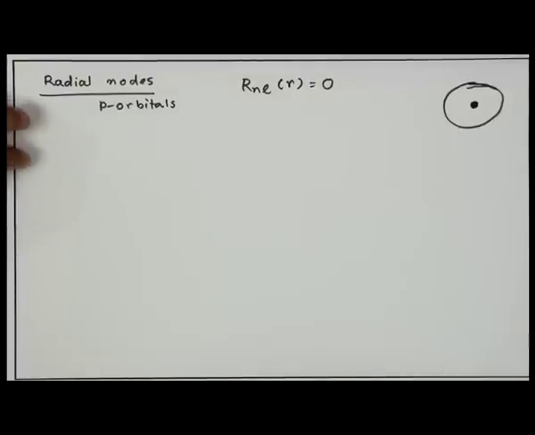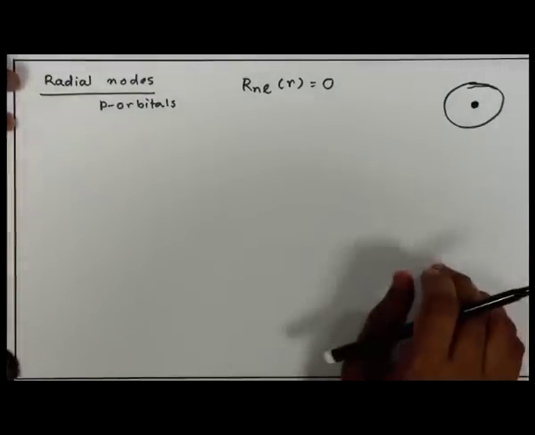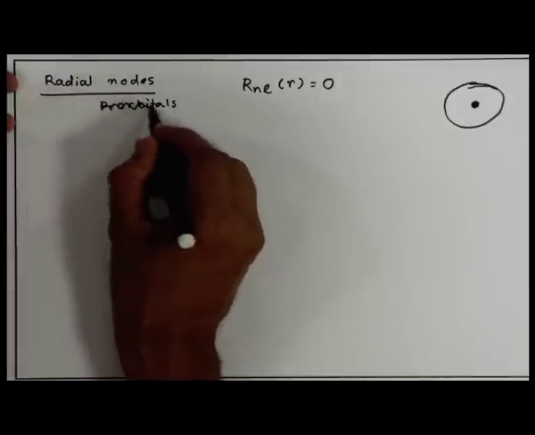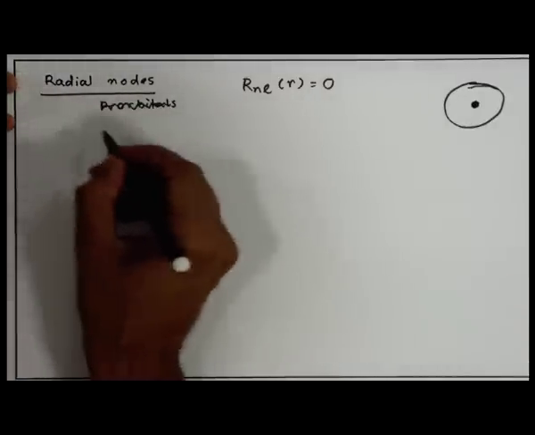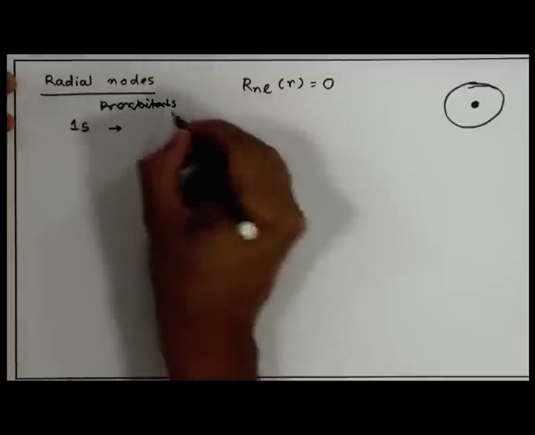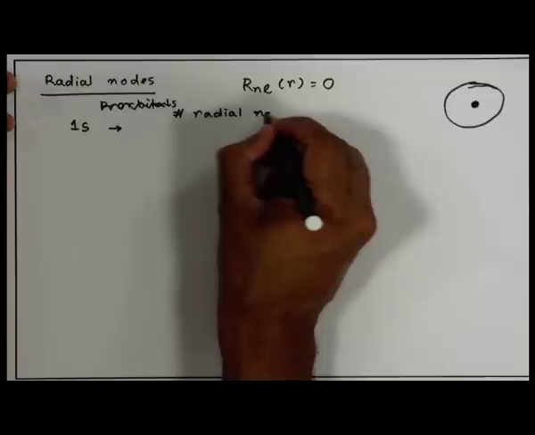We will now try to generalize about the number of radial nodes. Let us first outline what we saw. Here I will write the number of radial nodes.